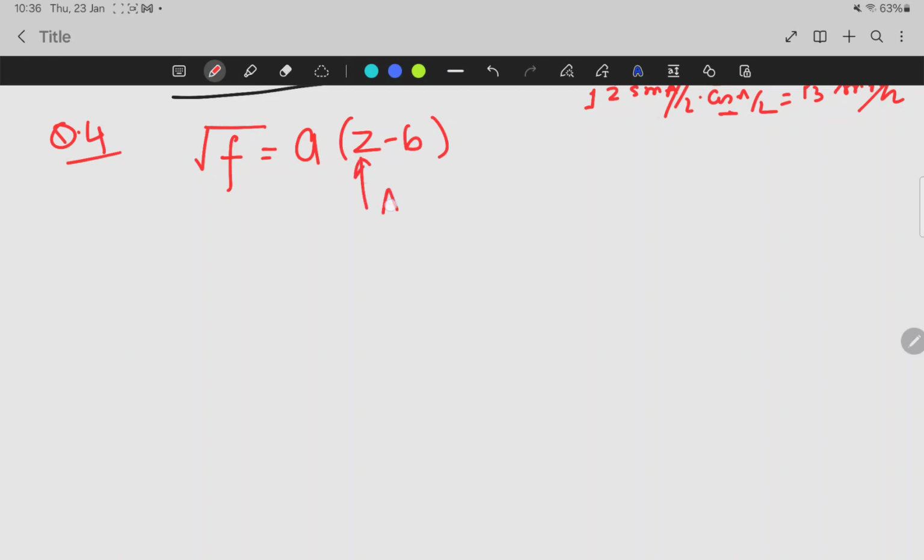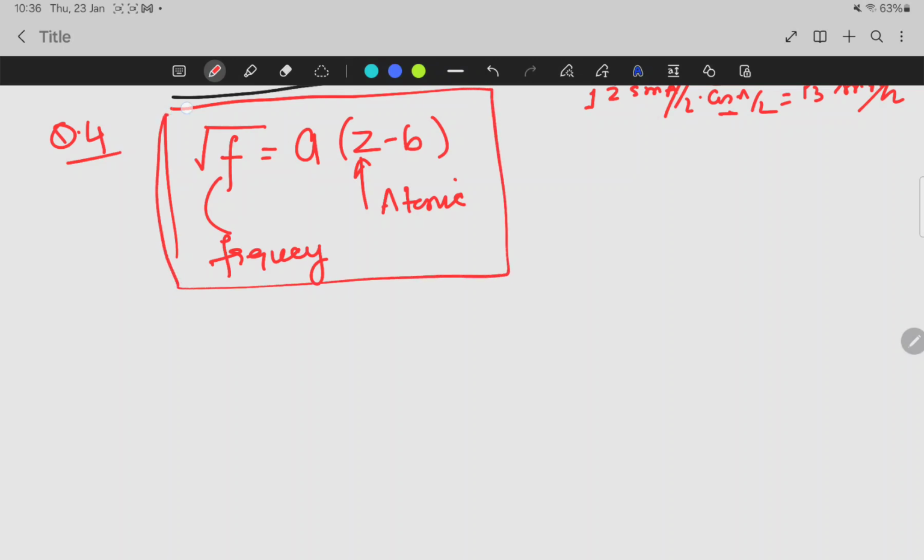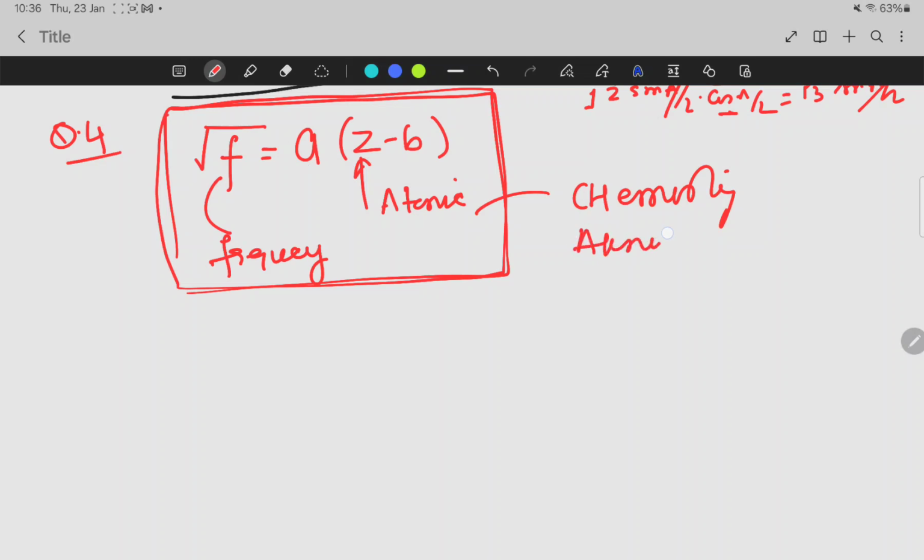This is atomic number and this is frequency. This expression is called the Moseley experiment. So better to remember, this is a type of chemistry problem. In physics, the X-ray may be asked, so better to remember, the topic is atomic structure. Fine. Question number 5.